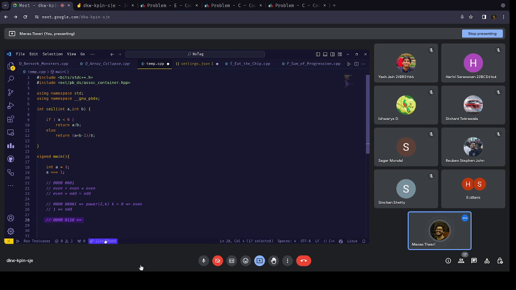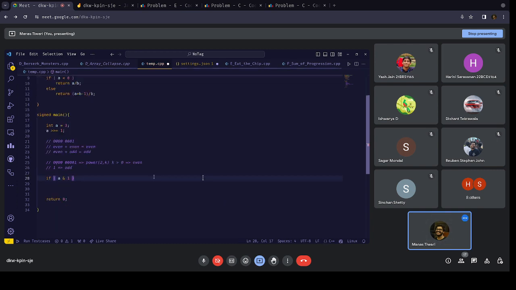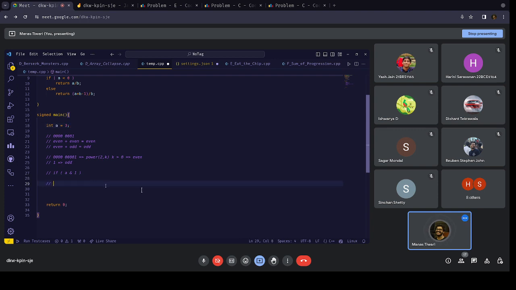So again, see if you can understand this. If a and 1, what does it tell you? So this performs a bitwise AND operation with a. So here if a is 3, let's just write the last 4 bits. So 0 0 1 1 performs an AND operation with 0 0 0 1.